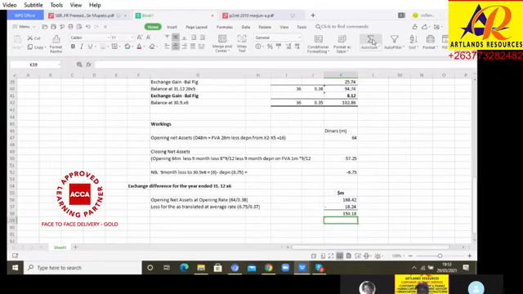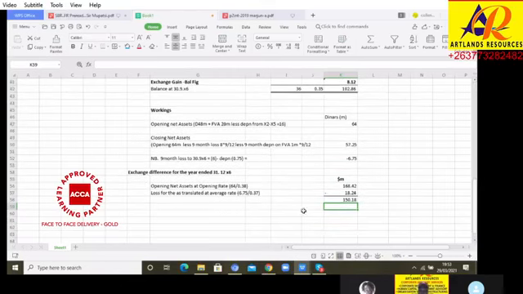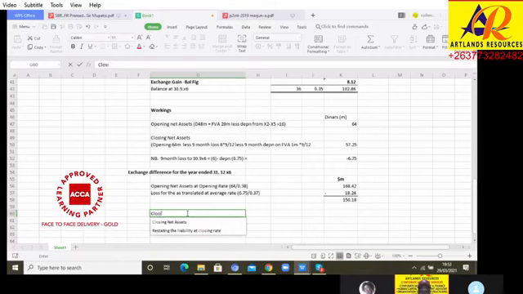You are supposed to be at this point. You are supposed to be at 150. And then you skip a line and say closing net assets. Closing net assets. Net assets at closing rate.